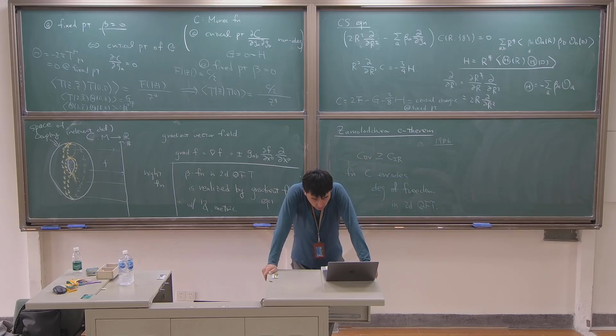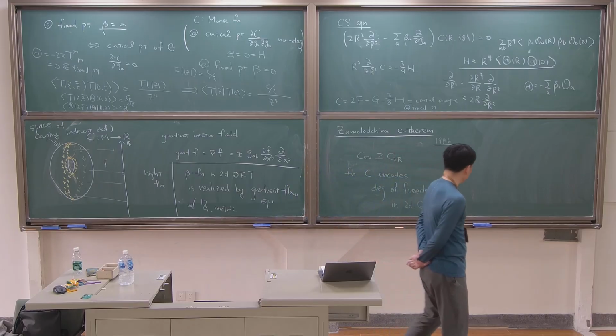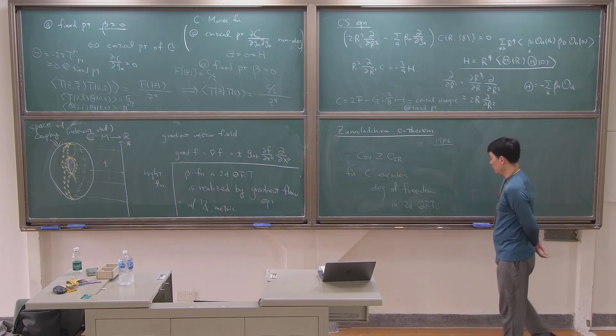So that's one way to understand this function C in two-dimensional quantum field theory.